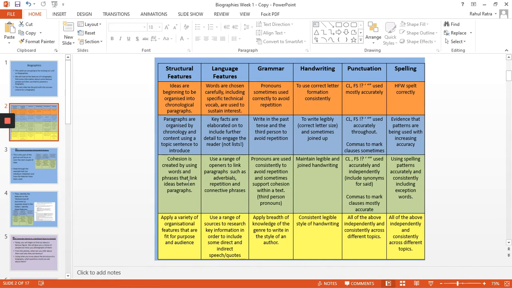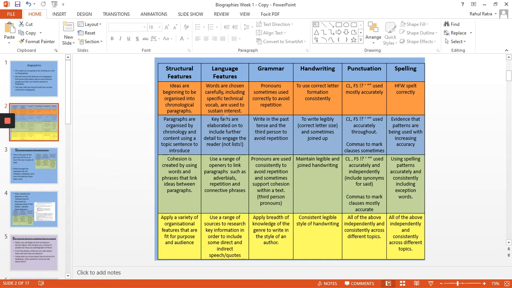So looking at the structural features, our focus would be on paragraphs, which are organized by sequence. So basically there is a chronological sequence there. Also, we are going to look at cohesion. That is, how do we link one paragraph with the other? So these are important for structure.